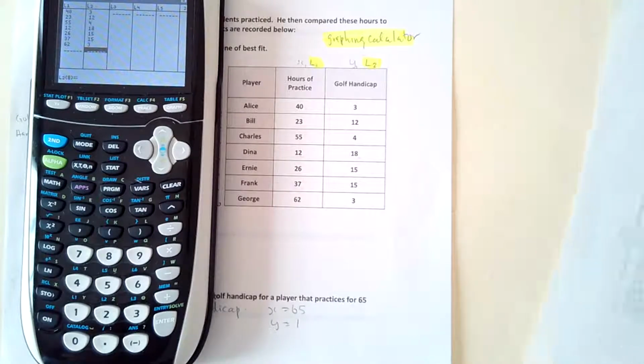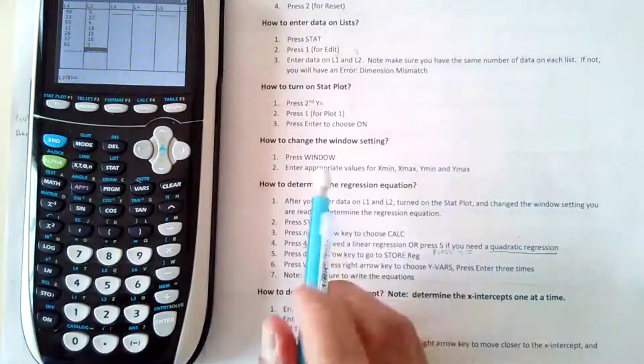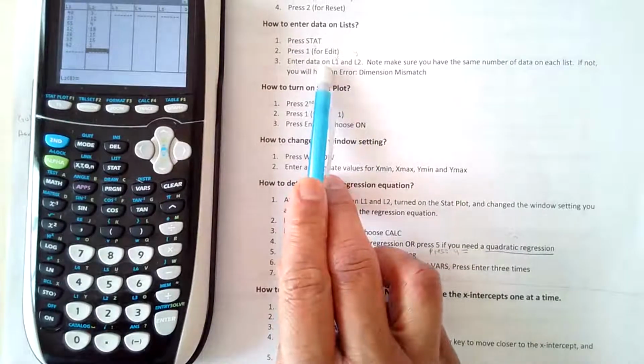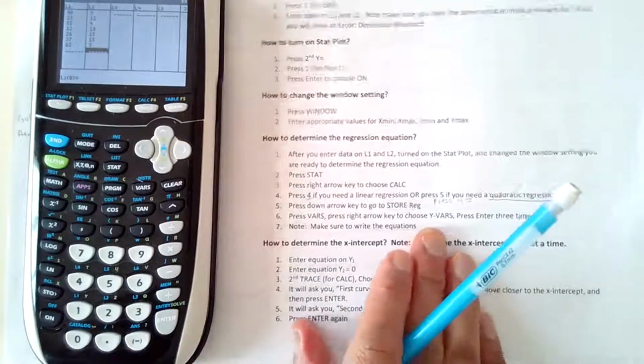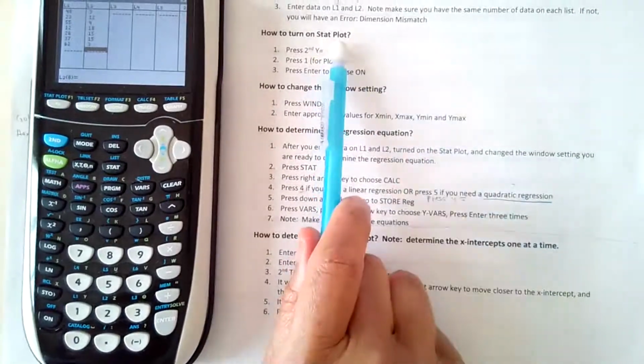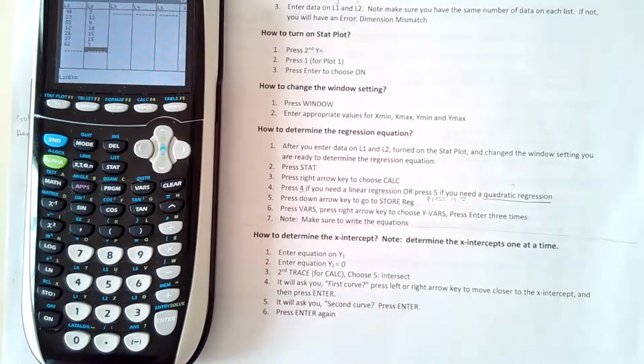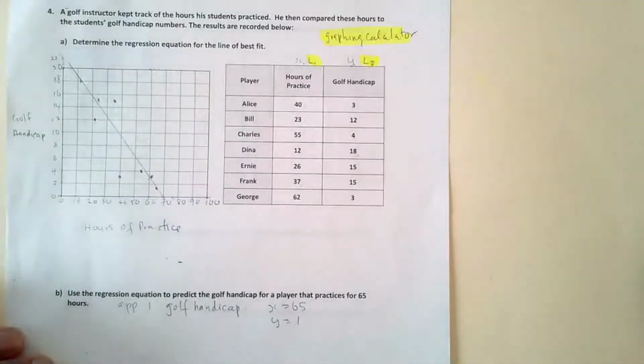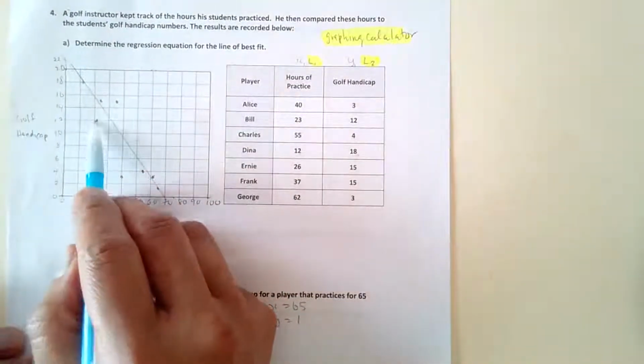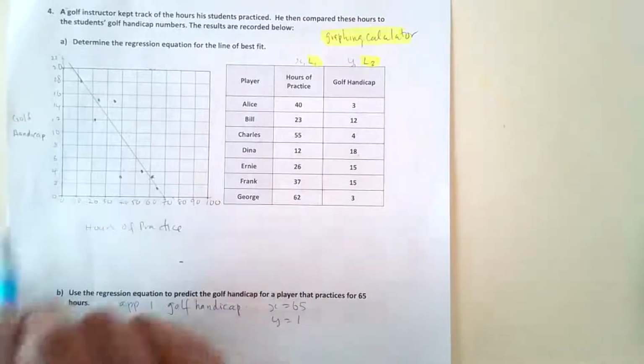Okay, so we've done entering the data. Next, you want to turn your stat plot on. Your stat plot is what will make your graph show up with these dots in it. That's what that means.